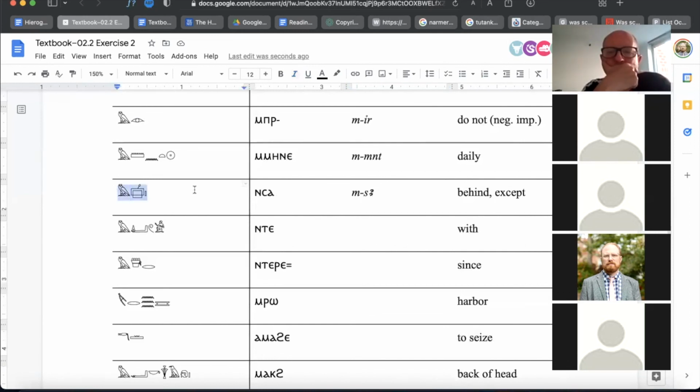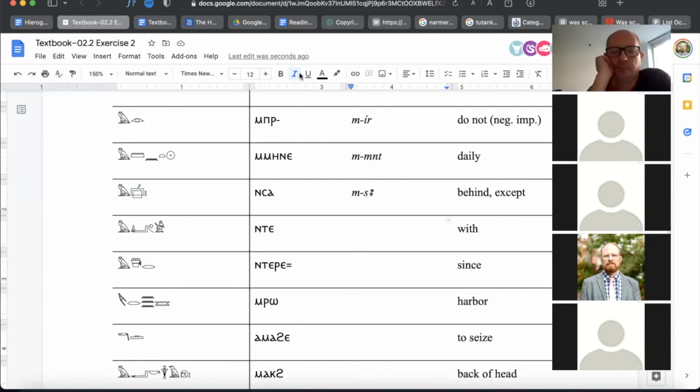So this is a Middle Egyptian phrase that's been fossilized and brought into Late Egyptian, because it's not good Late Egyptian, since it's missing the article. But Middle Egyptian doesn't have articles, so you just say on back. You don't say on the back, and now it's fossilized without the article. That's kind of cool. We're going to see some more like that. It's a wonderful preposition. I love it.